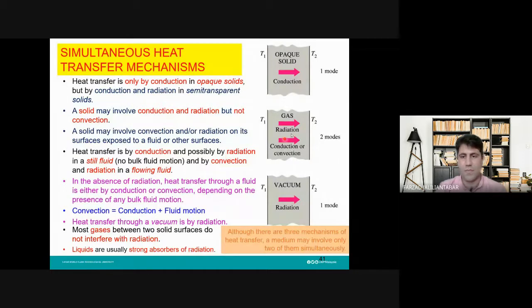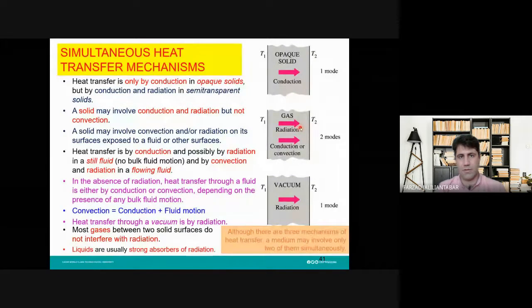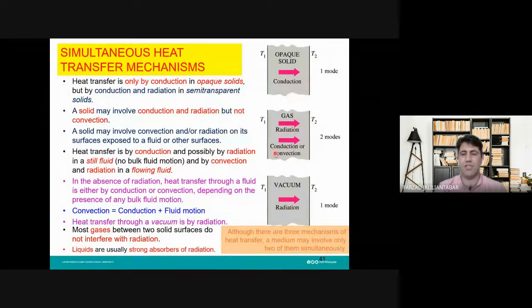Like what you can see here, this is a fluid. We have radiation for that because it is transparent, so we have radiation heat transfer. We may have conduction or convection, but we cannot have both of them. The fluid is either in motion or not: if motion, convection; if not motion, conduction.